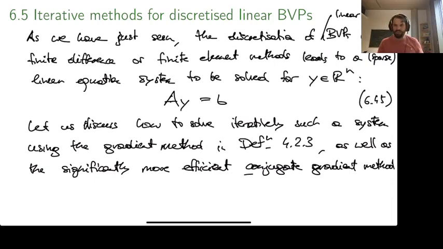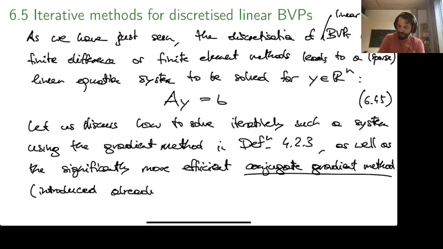There's a nonlinear version of it as well, but we're going to look at how it's especially efficient for linear equation systems. And also this has already been introduced at the very end, but never analyzed in Numeric 0. In fact, in the same section 6.5.